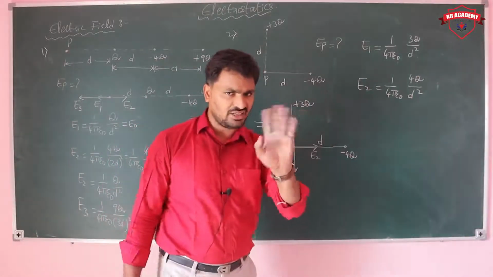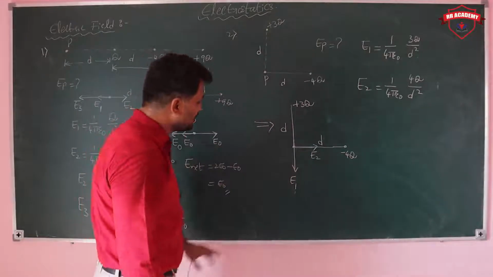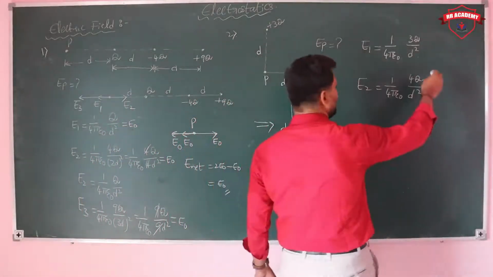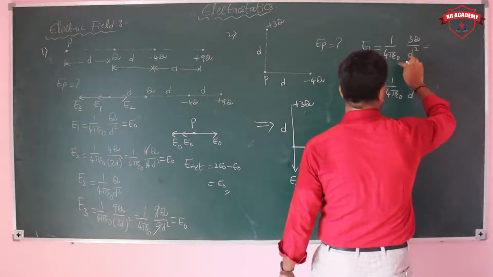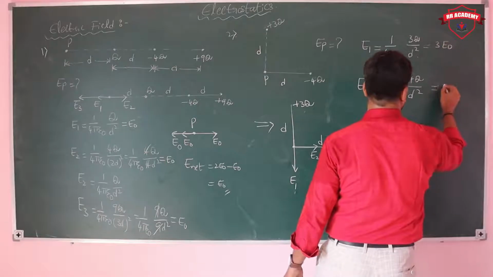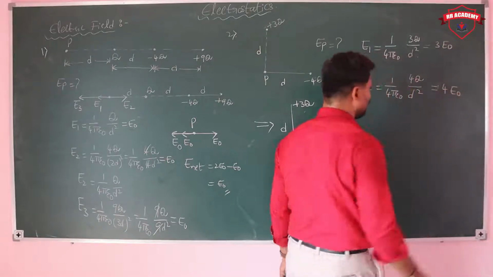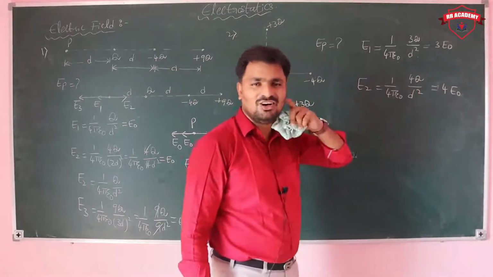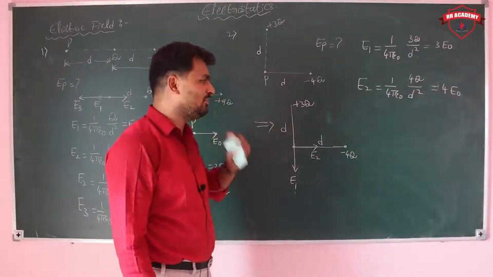So that's why again don't take minus. These two are perpendicular to each other. So what I am doing here, this 1 upon 4 pi epsilon naught Q by D square I am considering E naught. This value goes to 3 E naught and this value goes to 4 E naught. For our comfort.